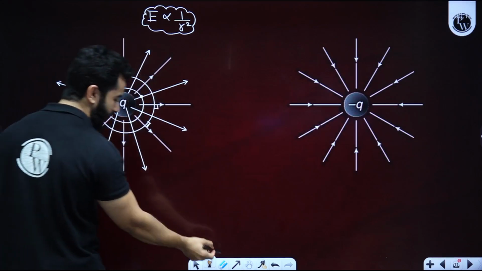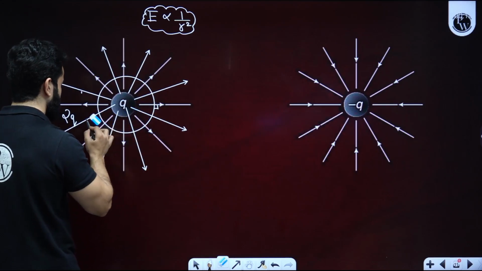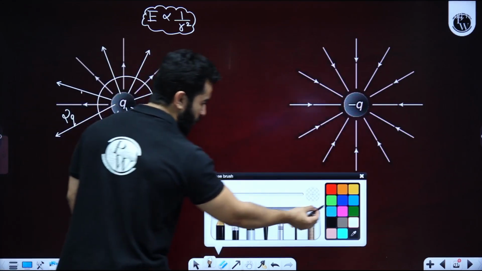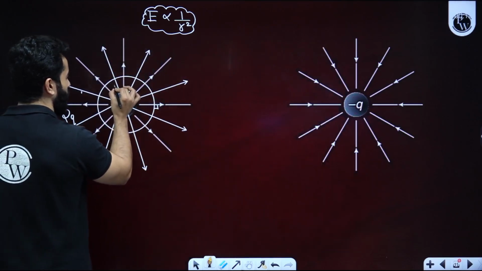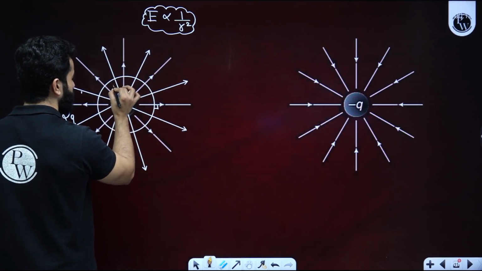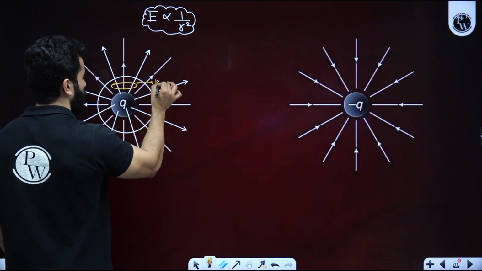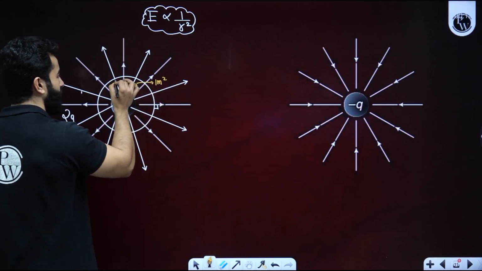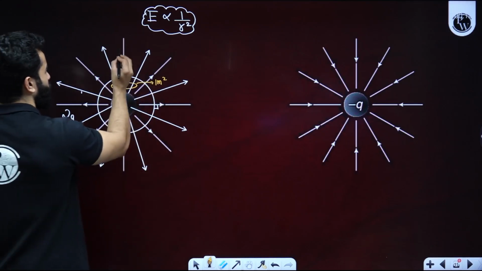Let me give you another example. Let's suppose you're drawing an area of 1 meter square over here. How many electric field lines are passing? 1, 2, 3. Let's again draw 1 meter square at this point.